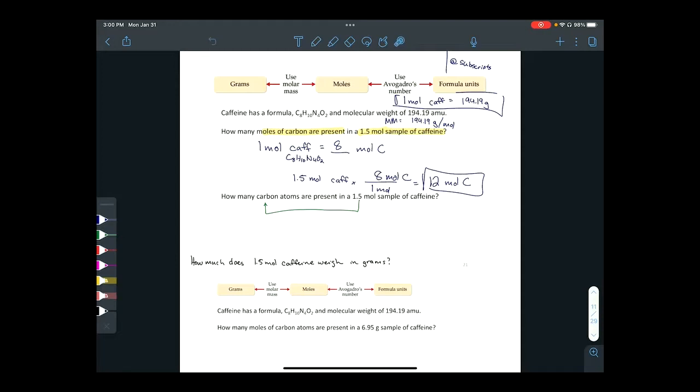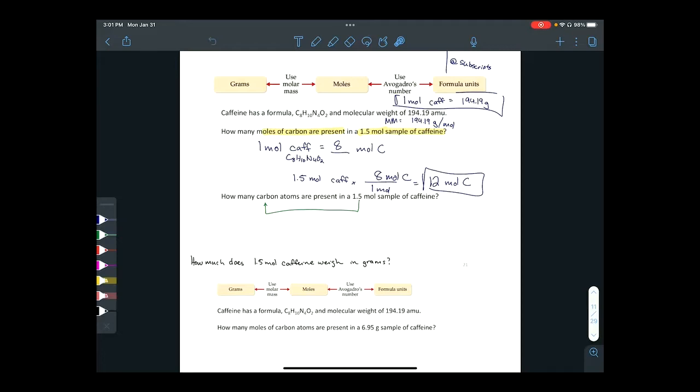So for this slide, we're thinking about converting between grams of a substance to moles of a substance using the molar mass. And then from there, we can use Avogadro's number to convert to either individual molecules, individual formula units, or individual atoms based upon the chemical formula.